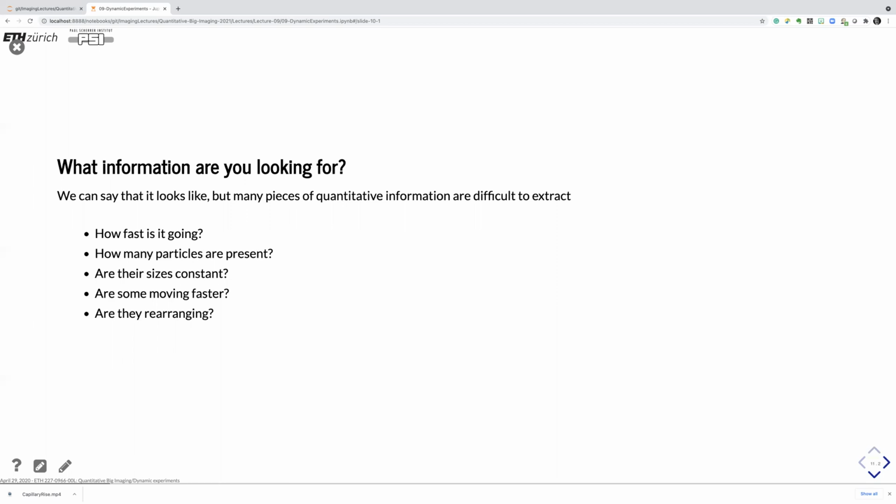Would that be related to the size? Are they rearranging? Are they clustering? And so on. Questions like that we can actually answer with the help of what we have learned until now. But now we also add time to this analysis, so we can see how things are moving over time.